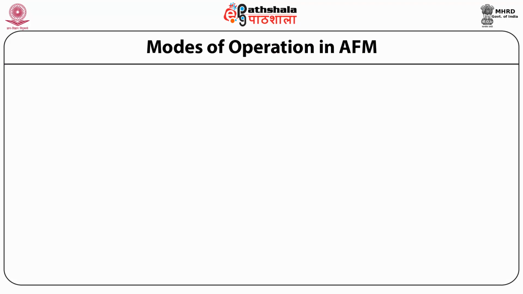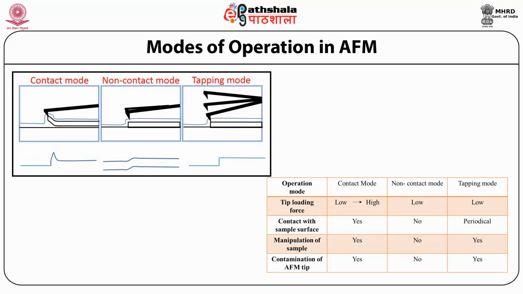Different modes of operation in AFM. First is the contact mode AFM. It works at a probe surface separation of less than 0.5 nanometer. Second one is the intermittent contact or tapping mode. It works at a probe surface separation of 0.5 to 2 nanometer.